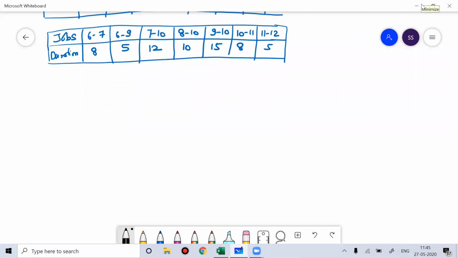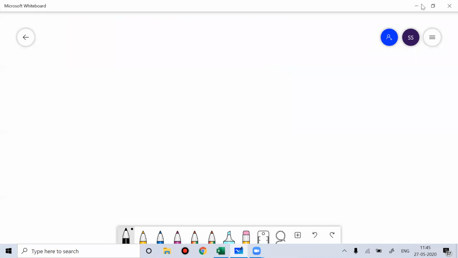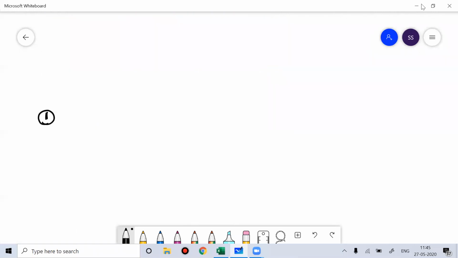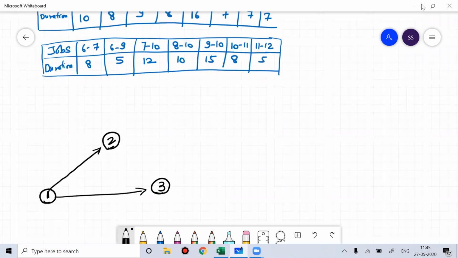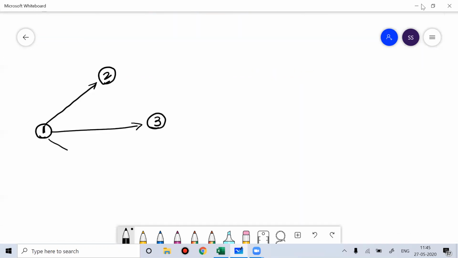You start here. Suppose this is 1. What is given? 1 to 2, 1 to 3. Suppose this is 1 to 2, then 1 to 3, then 1 to 4, something like this.